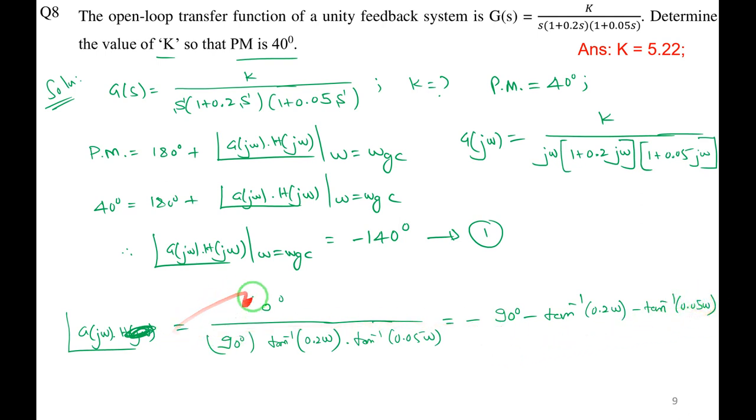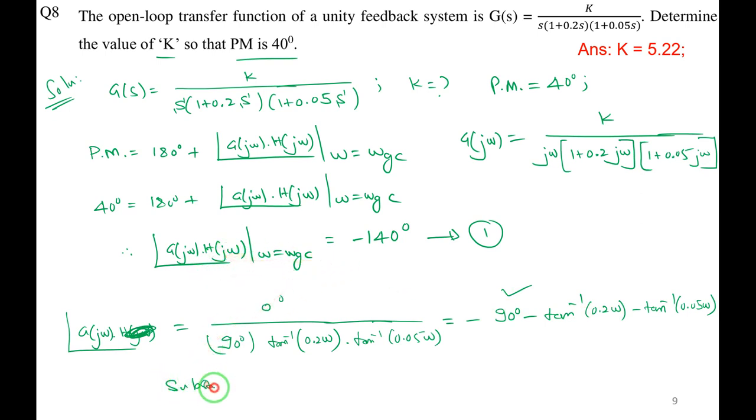So this angle of G(j omega), let me substitute in equation 1. But what is omega? Omega equal to omega gc. Wherever omega is there, you write omega gc. That's all. So I substitute in equation 1.